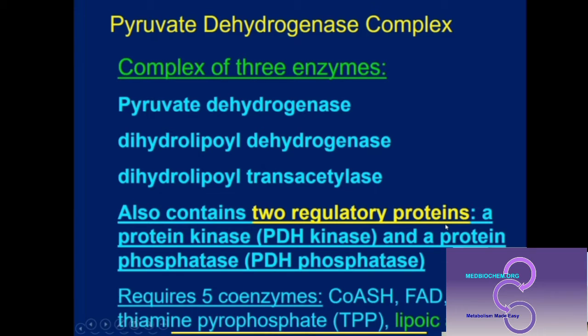This is the entire coenzyme A. See the sulfhydryl group? That's where it attaches to, in this case, acetyl group, and creates this high energy bond. That thioester bond is a high energy bond.